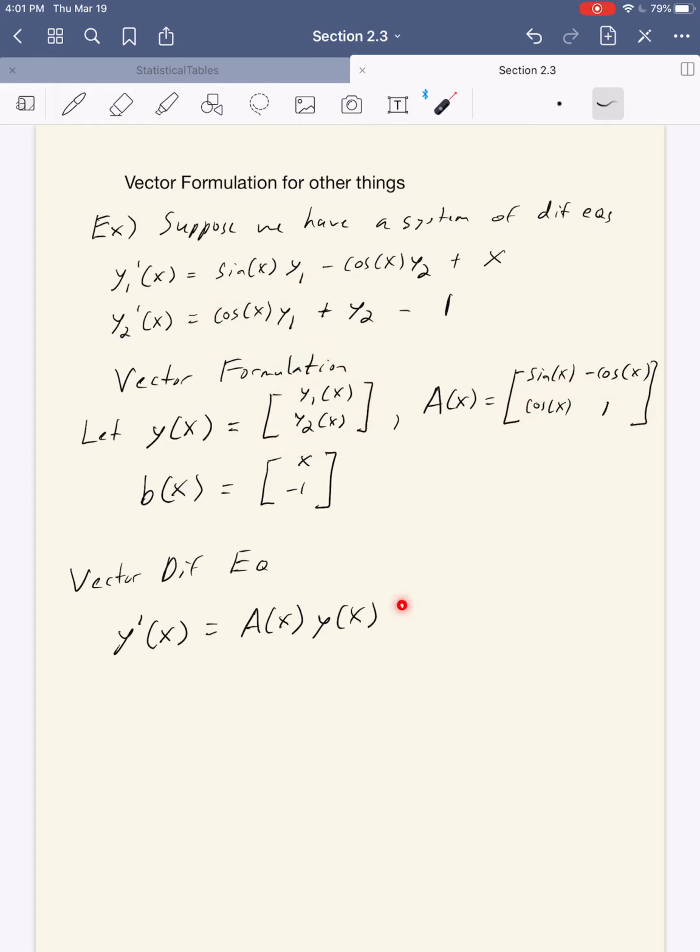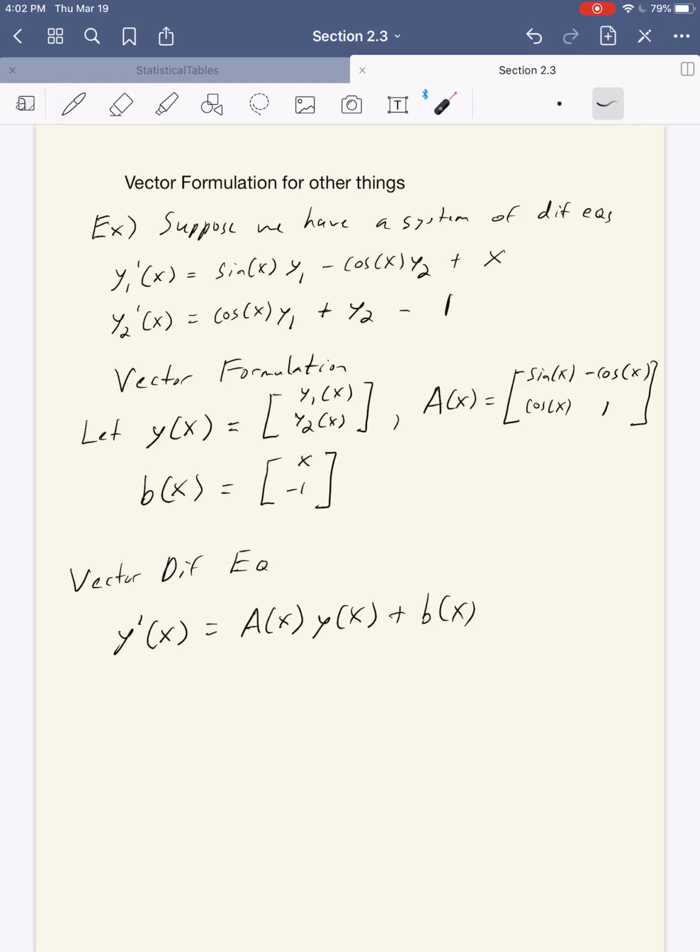Then we put our plus b of x, which just gives us these last two components. And so we've taken a system of differential equations and turned it into a single vector differential equation. This hints at one of the first relationships here: any system of equations can be translated into a single vector equation, because the vector is able to take into account that there are several different equations going on.